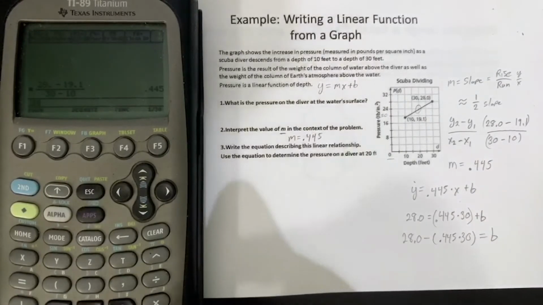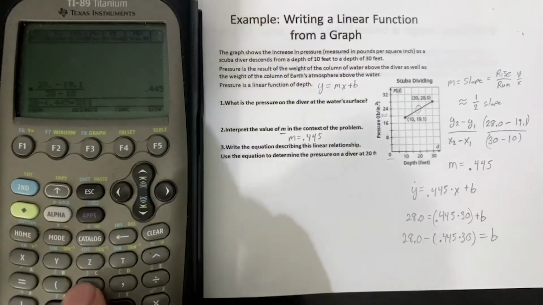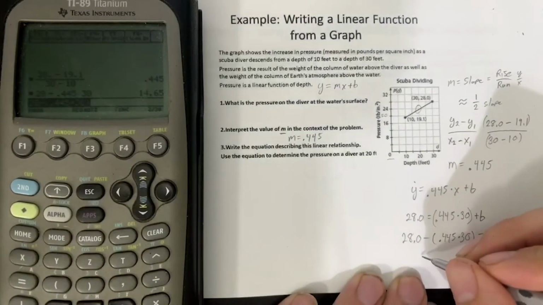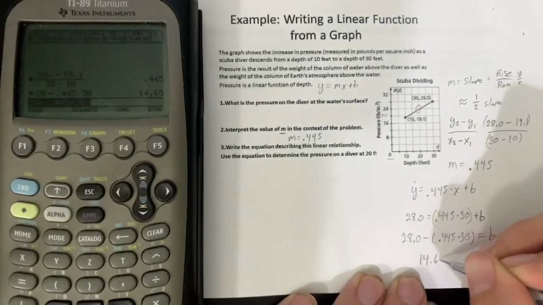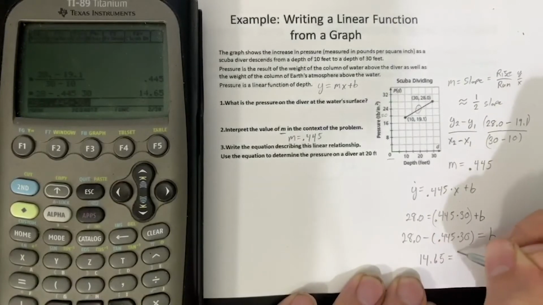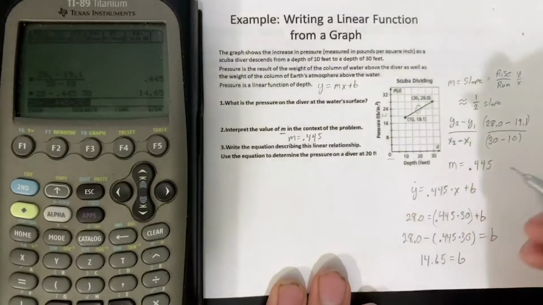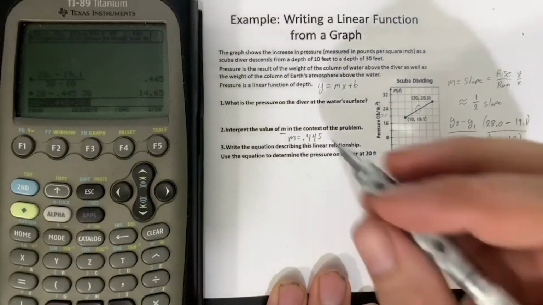We take 28 minus 0.445 times 30, and we get 14.65 equals b.